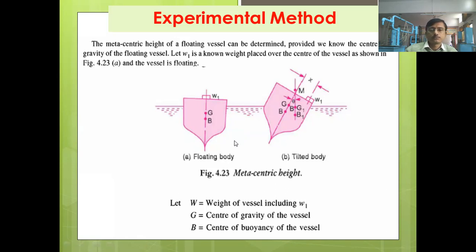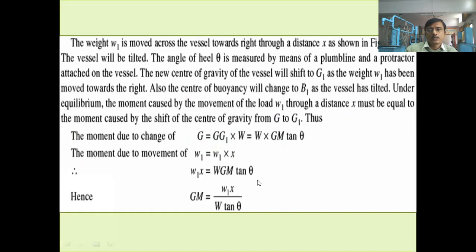Is it over? Then directly write down this formula. Derivation is there in the PPT as well as on the videos. But here, just write down this formula. Gm is equal to W1x upon capital W tan theta.